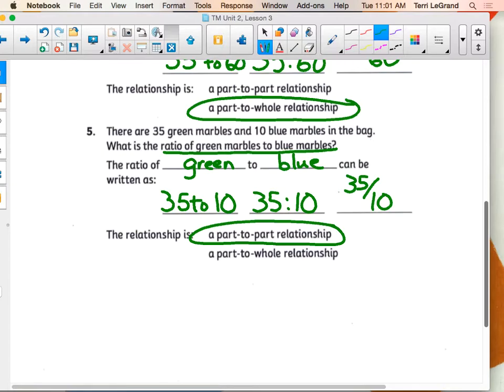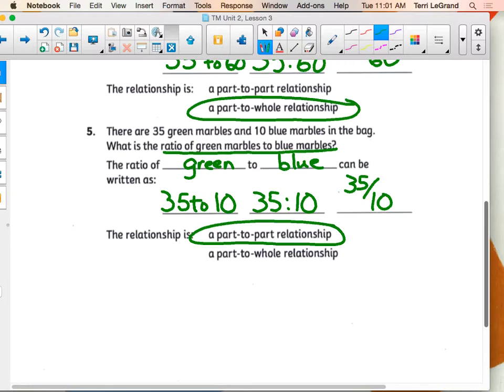And then we could say a smaller comparison to make. Could you divide 35 green marbles into equal groups that blue marbles could also be divided into those equal groups of? Are 35 and 10 then, in other words, multiples of some number? Are both of them multiples of some number? Yes. What number is that?